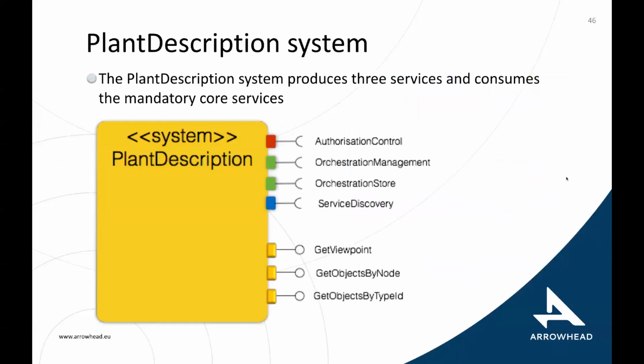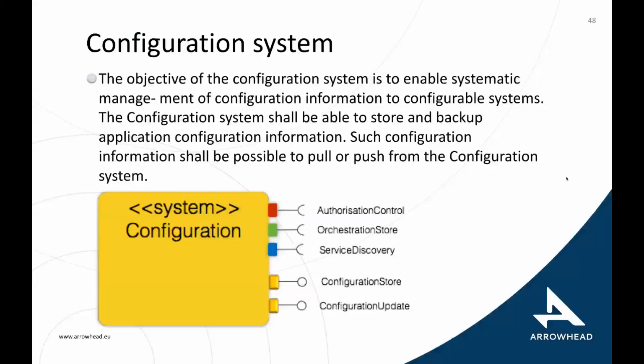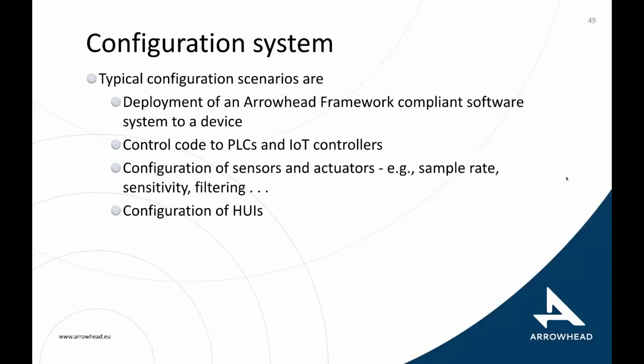So this is the prototype that has been created so far. The configuration is how we configure individual software systems or devices and do updates of parameter settings, etc. It can even include updating the code on a software system.